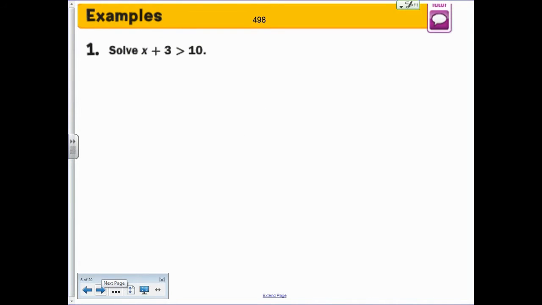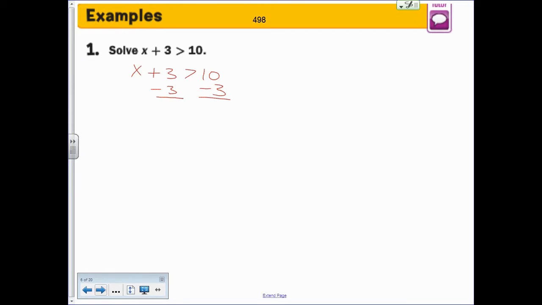Example number 1 on page 498 says, x plus 3 is greater than 10. If we said that was an equal sign instead of a greater than symbol, how would we go about solving this problem? Hopefully, you're so used to this by now that you went automatically, well, just subtract 3 from both sides.